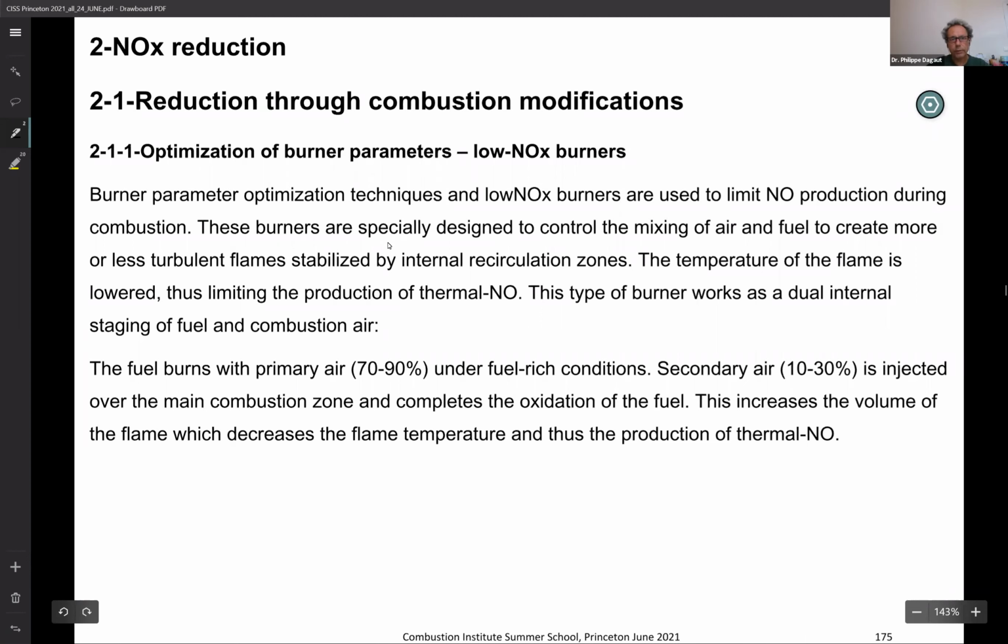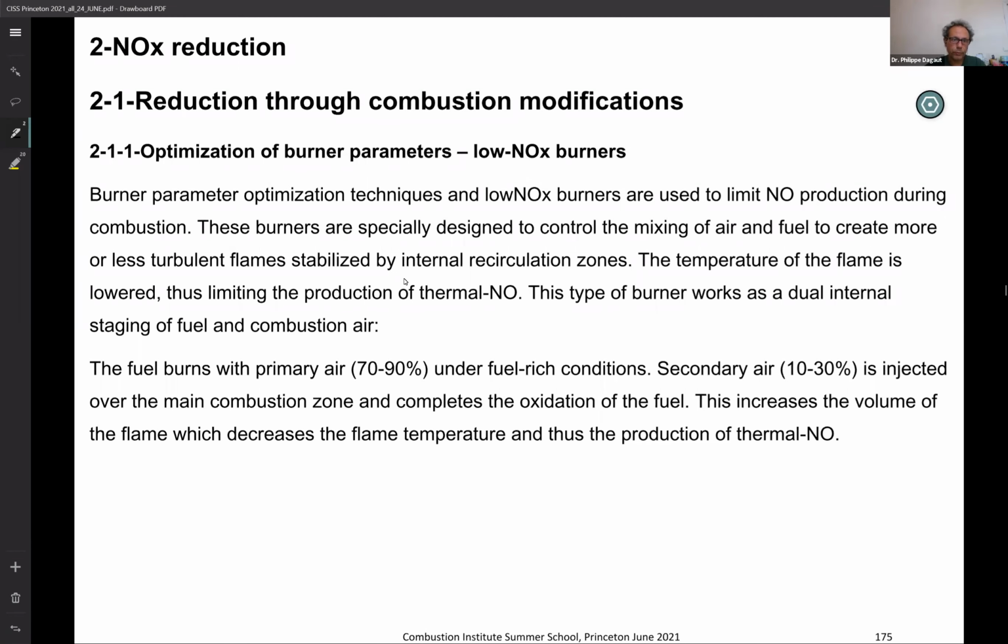These burners are specially designed to control the mixing of air and fuel to create more or less turbulent flames stabilized by an internal recirculation zone. The temperature of the flame can be lowered, thus limiting the production of thermal NO. This type of burner works as a dual internal staging of fuel and combustion air.